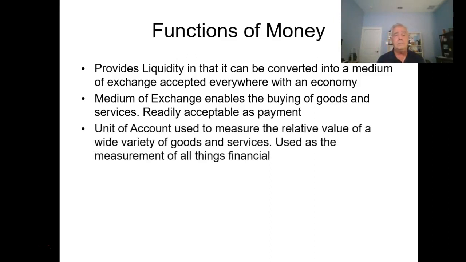The unit of account. Okay. We use the concept of money, the dollar, to measure everything we do financially. Financial statements for businesses, firms, the government, etc., are all translated into dollars and cents. The stock markets, all traded, all reported in dollars and cents. So it's a measurement of all things financial.